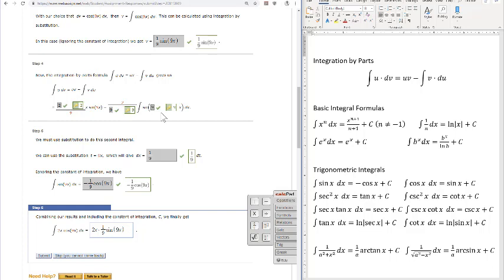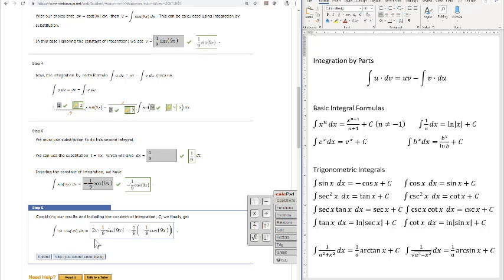And so don't forget that there's a 2/9 there. And then there's also a negative that came out, so we can either change this into a positive, or let's just make this clear here. We have a negative 1/9 times cosine 9x.